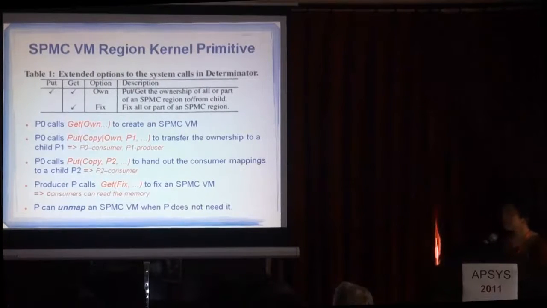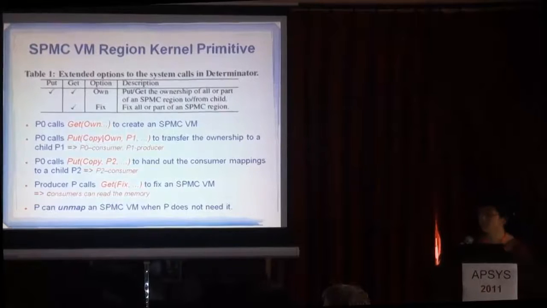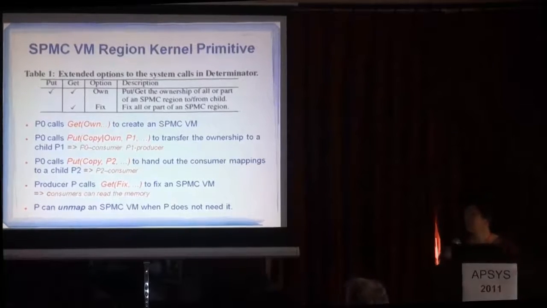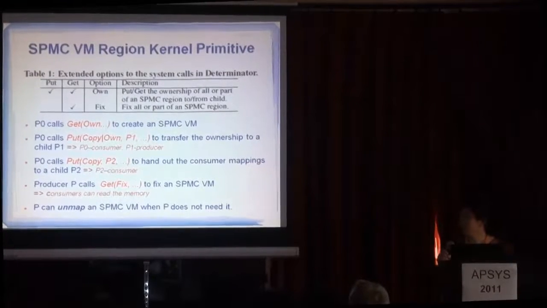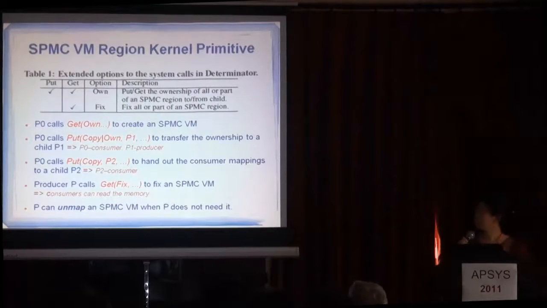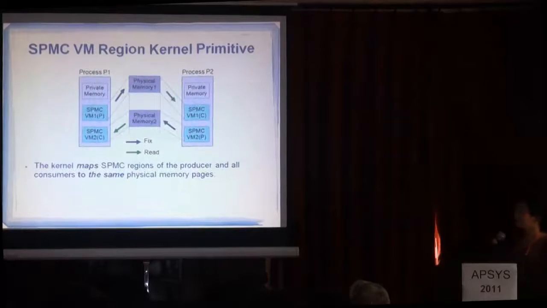The process can also call put with copy to hand out the consumer mappings to a child. The producer can call get with the FIX option to fix an SPMC virtual memory region. And also the process can unmap an SPMC virtual memory region when it does not need it.